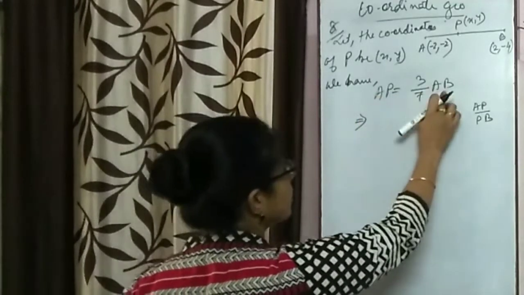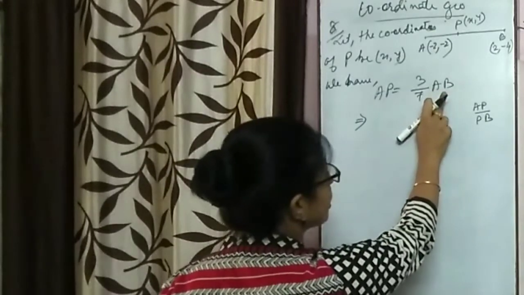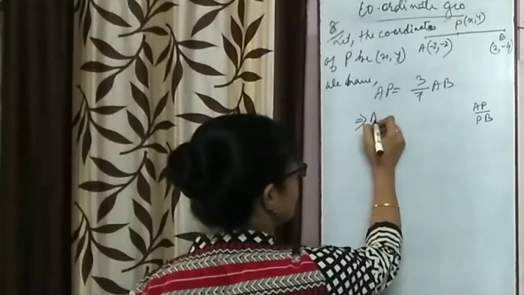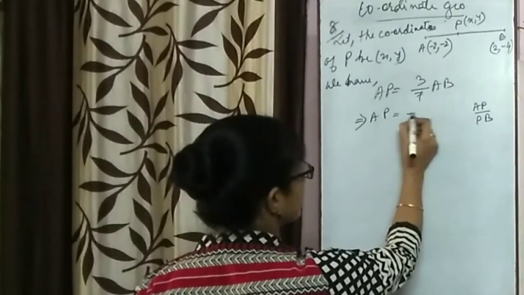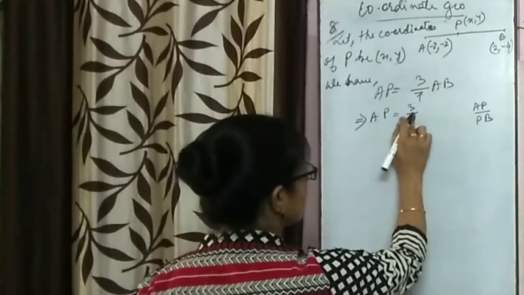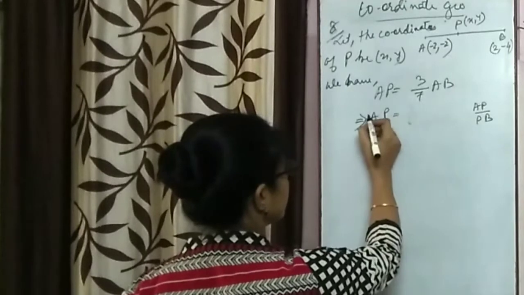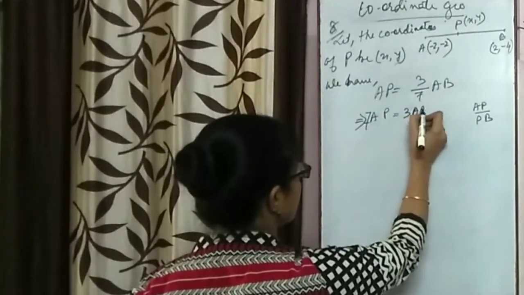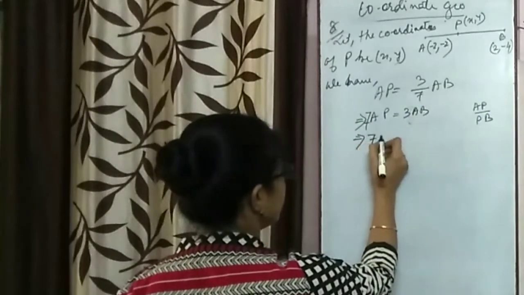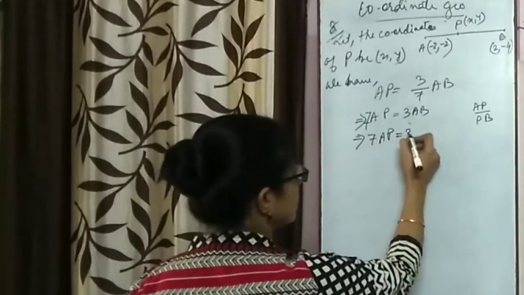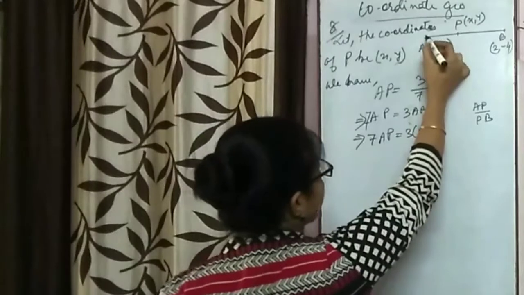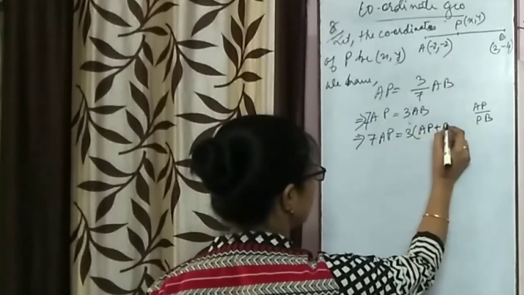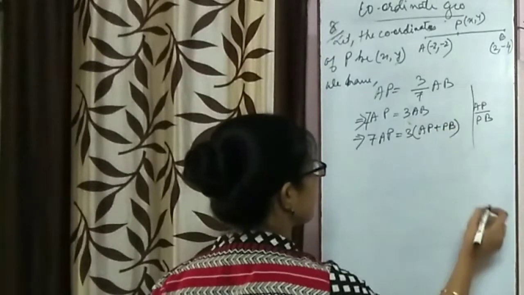Here it is AP, but here is AB. We don't need this whole side AB. So what shall we do? This 7 you multiply with AP, and here it is 3 AB. Then 7 AP equals 3 AB, and this AB we will write as AP plus PB.